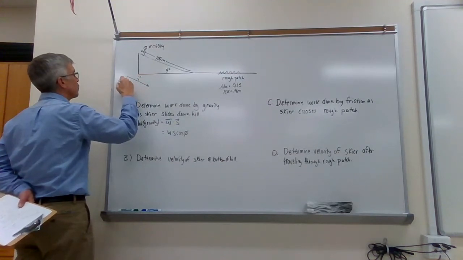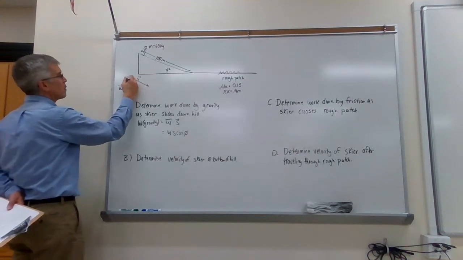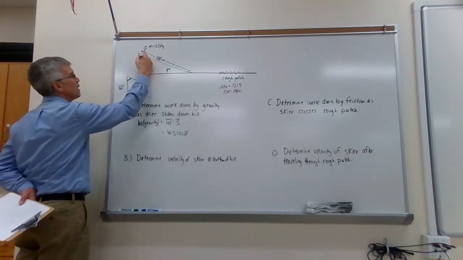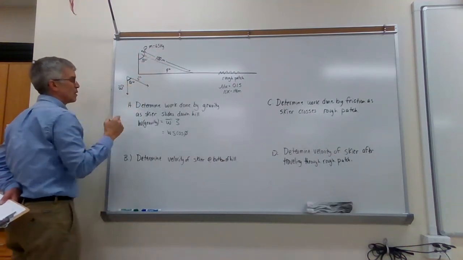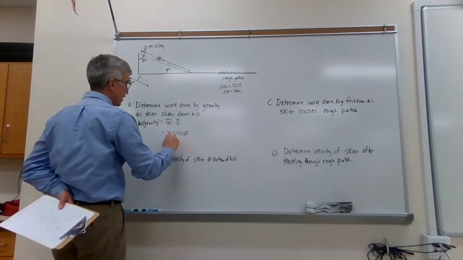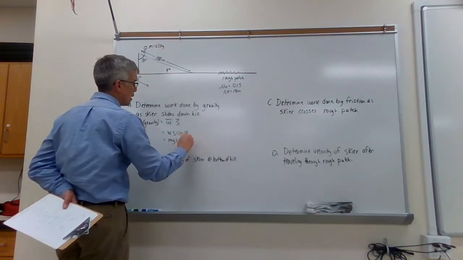The gravitational force is straight down. So the angle between the displacement vector and the weight vector is the same as this angle, 81 degrees. So the work done by gravity would equal mgs cosine 81.